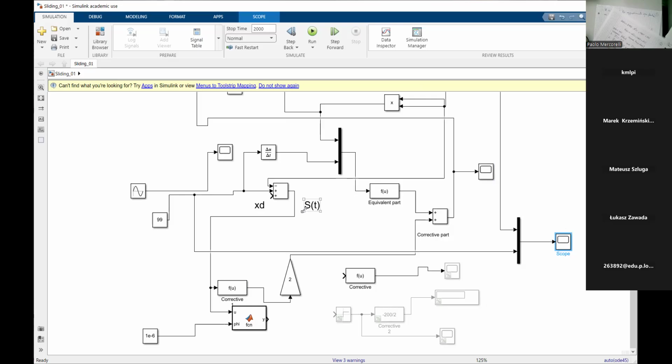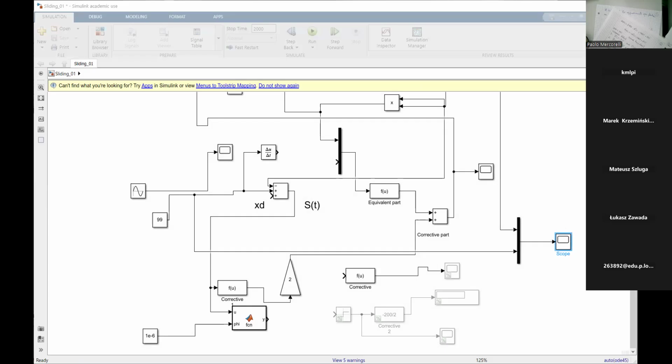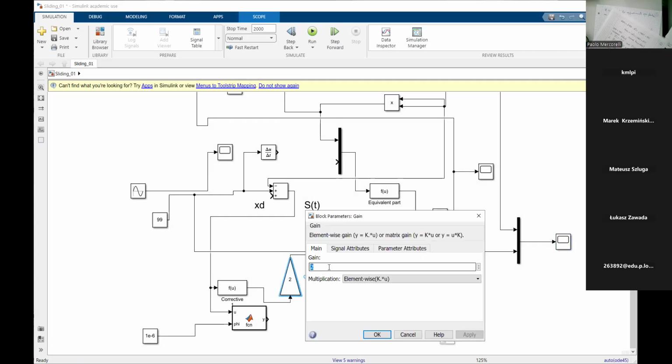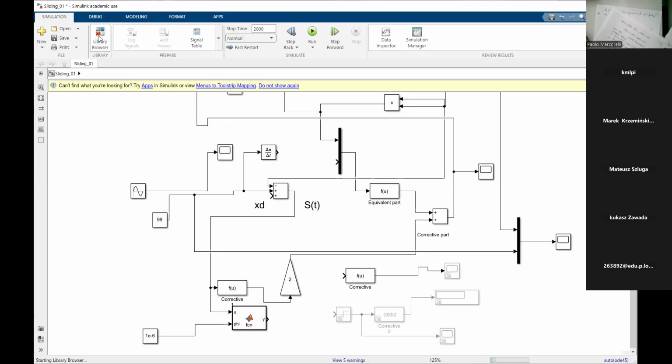It's not better. Let me disconnect this. It's not better. I don't understand. Okay, let me see here inside.